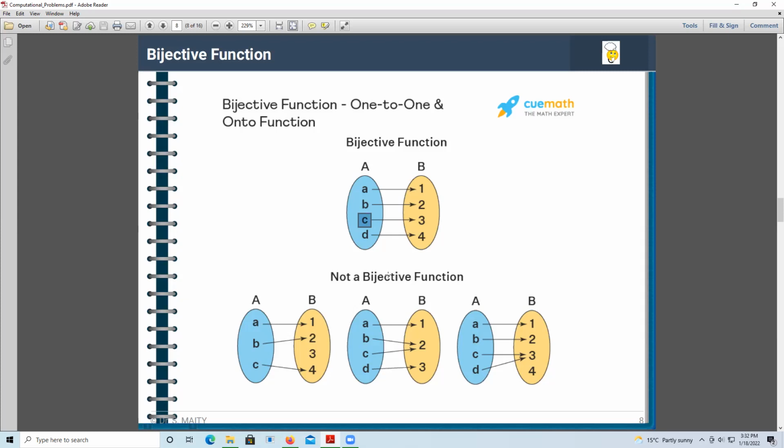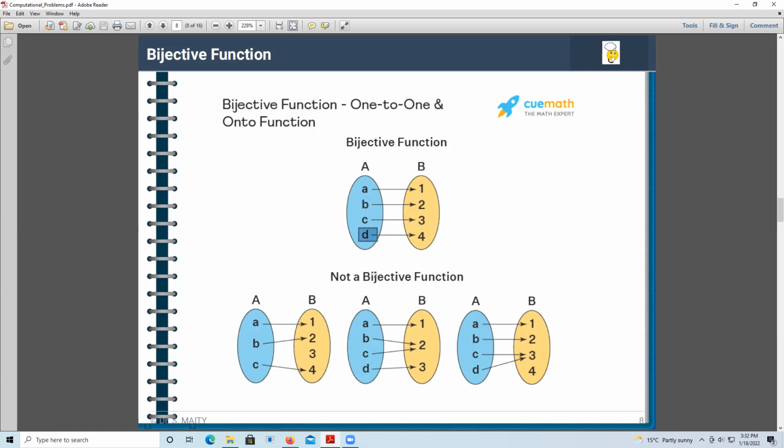Bijective function definition actually imposes the opposite of the requirements of the definition of a function. The definition of a function says that for every input, you should get exactly one output. And the definition of a bijective function imposes that for every output, you are getting exactly one input.